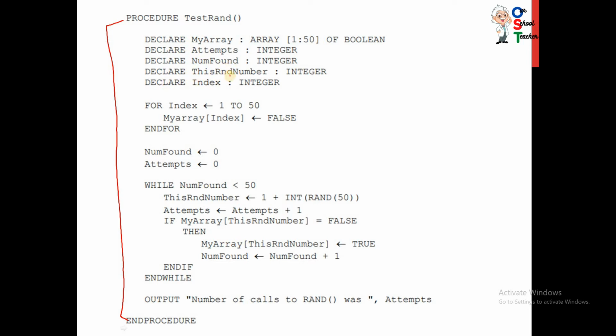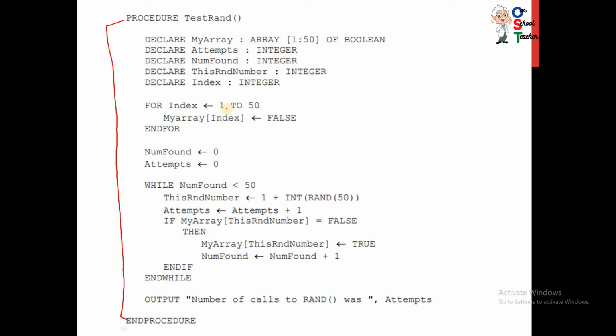Then declare RandNumber, integer. And what is this for? This is used to point to a particular element of the array. What it is doing, we will see. Declare Index, integer, and this is also a counter.